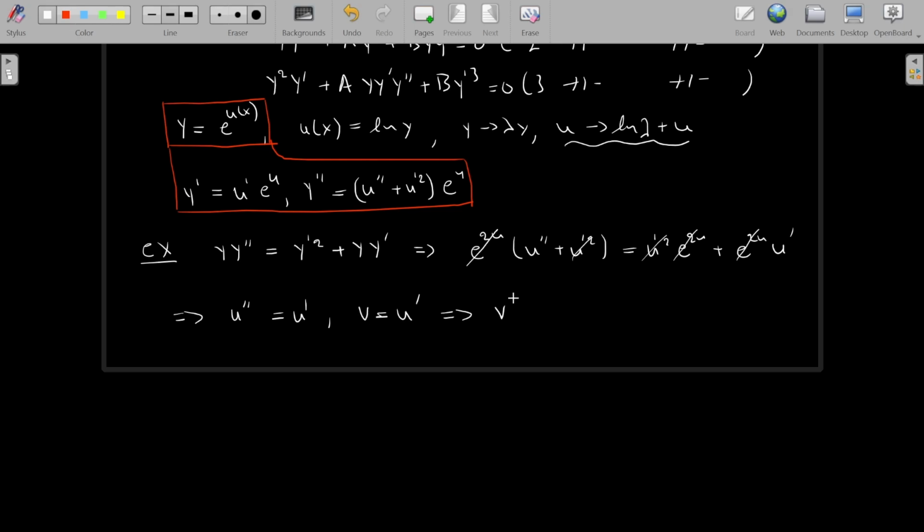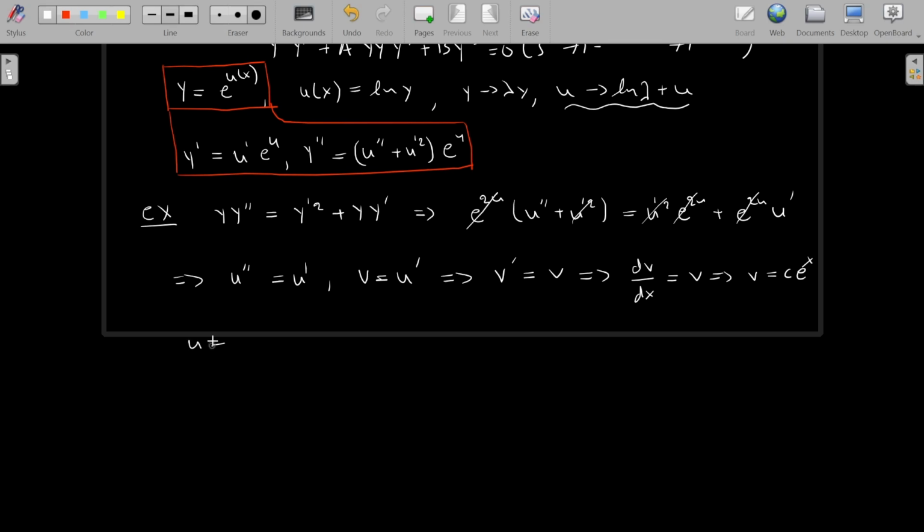So v prime equals v, meaning that v is just, say, e to the x, or u is just the 1 e to the x plus another constant, and finally y is equal to constant e to the k e of x, right?